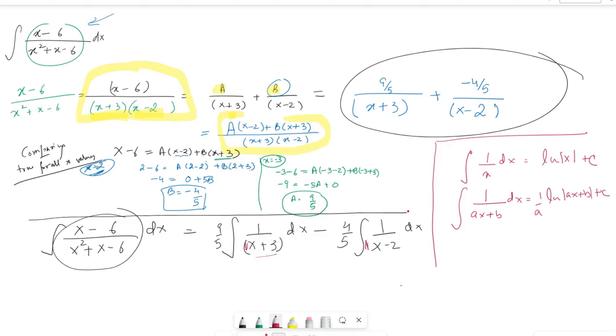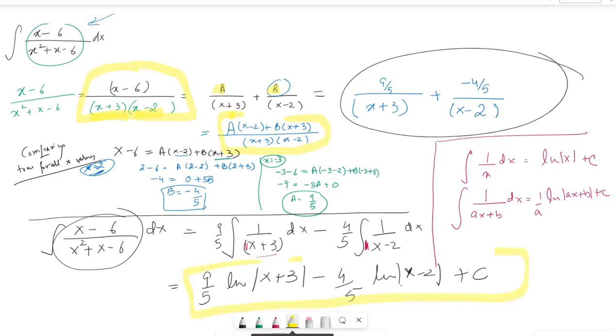This is also a linear factor. Coefficient of x is 1. So that means I can say 9 by 5 natural log of x plus 3 minus 4 by 5 natural log of x minus 2 plus c. So this is your final answer to the integral of the question. And this technique is called integration using partial fractions.